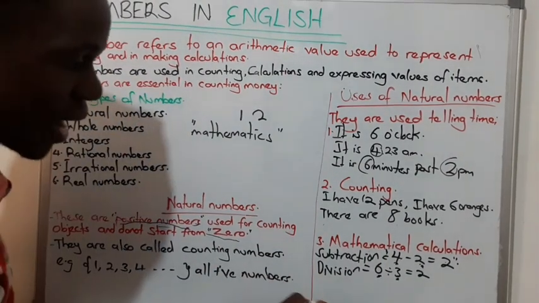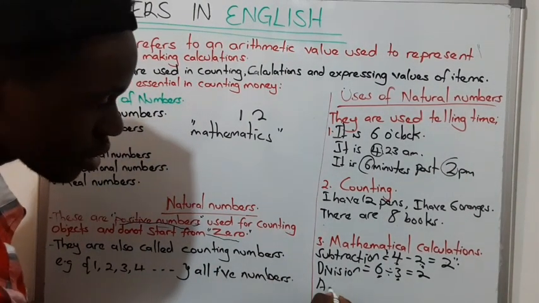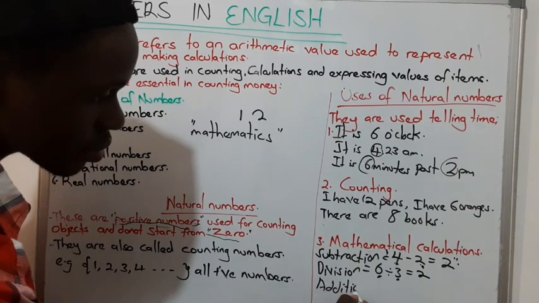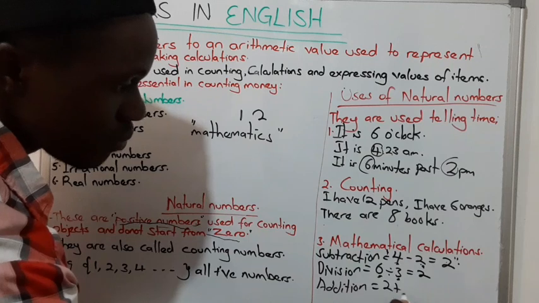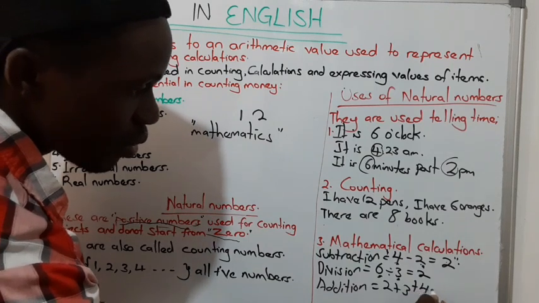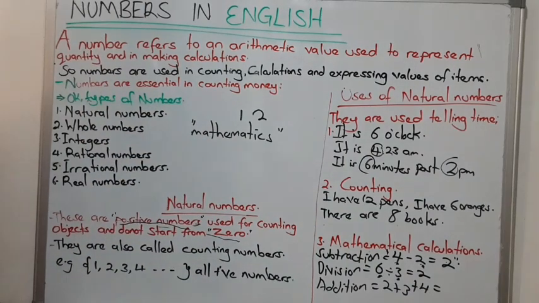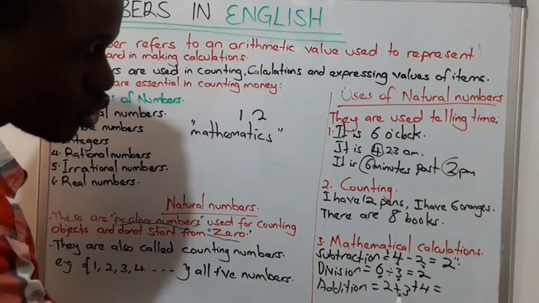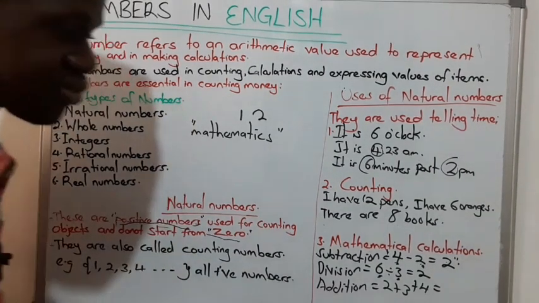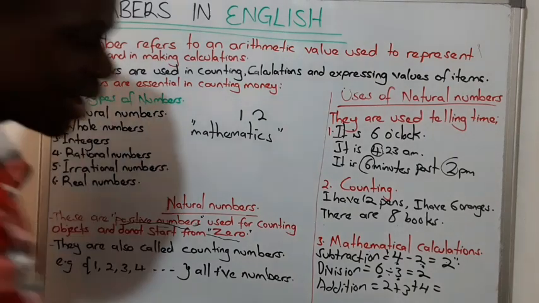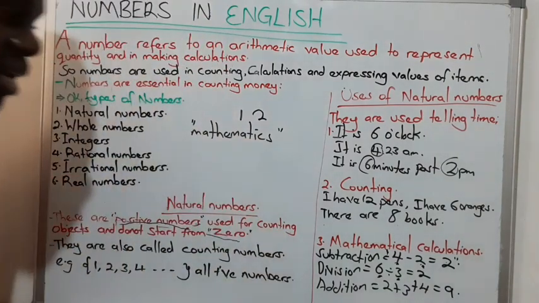Under addition, if I say 2 plus 3 plus 4, what's the answer? 2 plus 3, you get 5. 5 plus 4, you get 9. Super, the answer is 9.